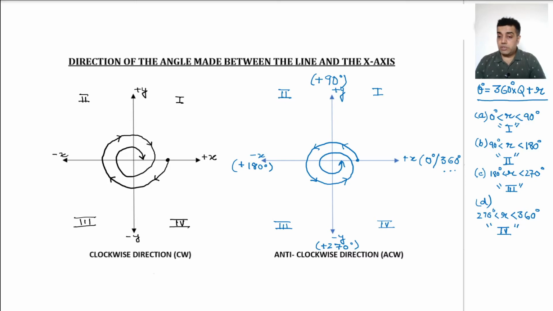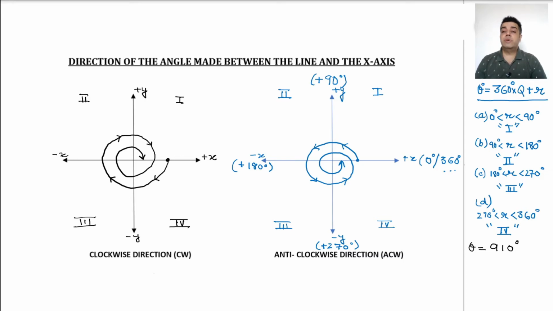How are we going to make use of this? Let us say somebody says that theta is equal to 910 degrees. A learner will be interested in knowing in which quadrant 910 degrees is going to lie.